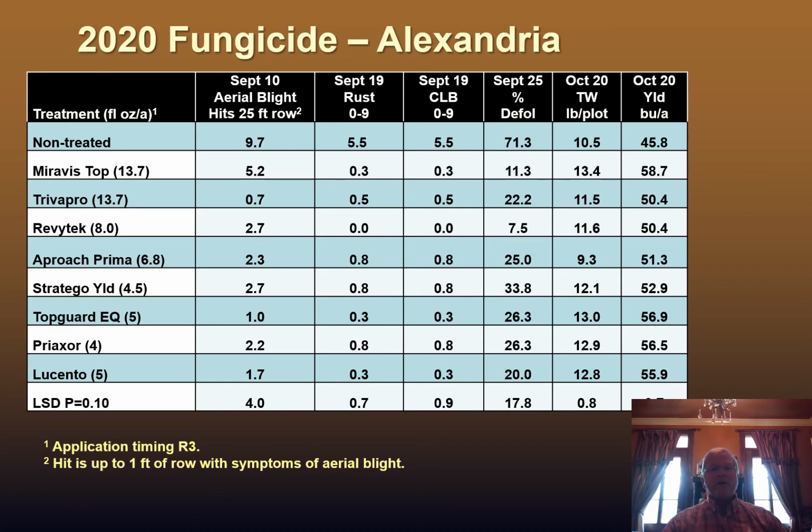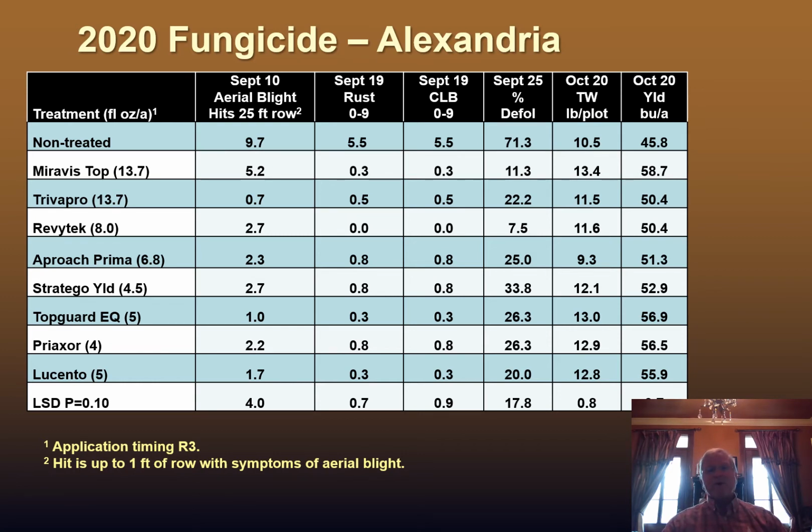When looking at the aerial blight, it looked like the products, for the most part, all did a pretty good job, with the exception of Miravis Top, although it did provide some suppression of aerial blight. Some of the better performing products for aerial blight included Trivapro, Top Guard EQ, and Lucento.